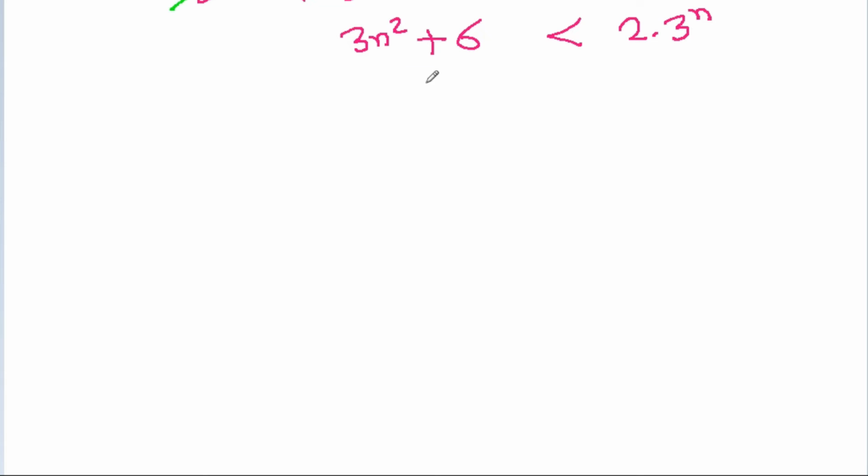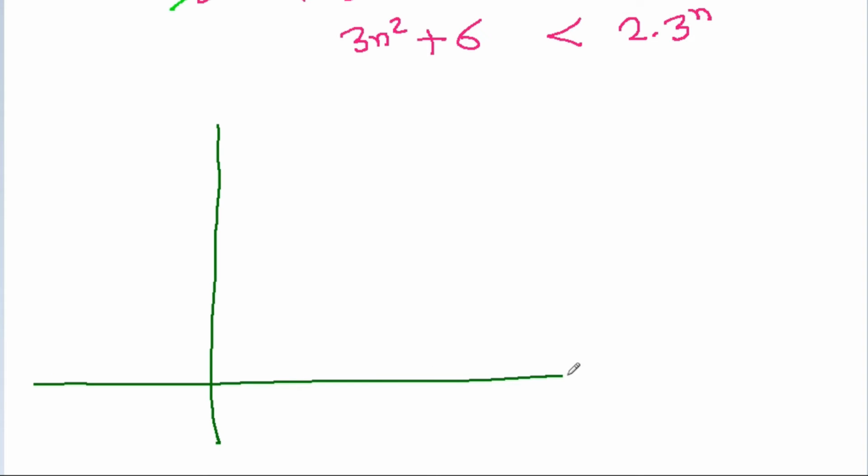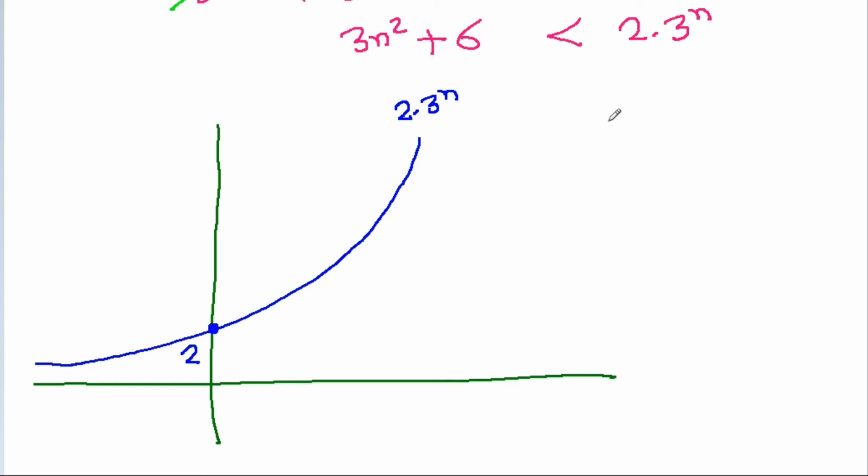And if we draw the graph here, this will be the graph of 2 times 3^n, and at n equal to 0 it will be 2. And at n equal to 0, 3n^2 + 6 is 6. So it is 6 at n equal to 0 and the graph will be like this.